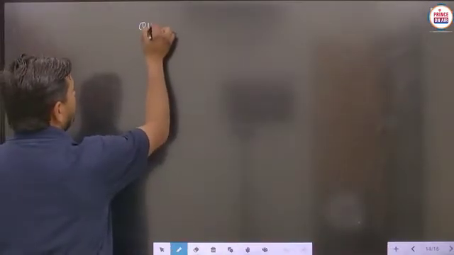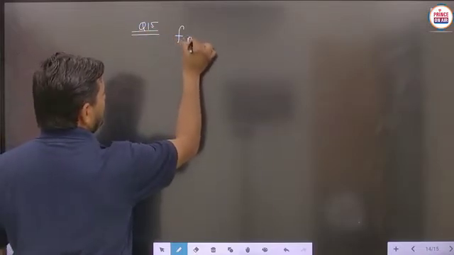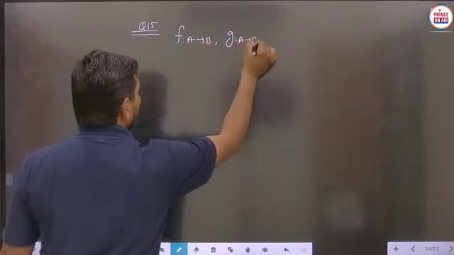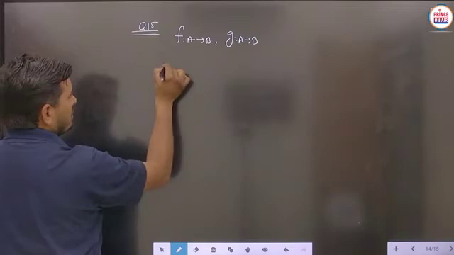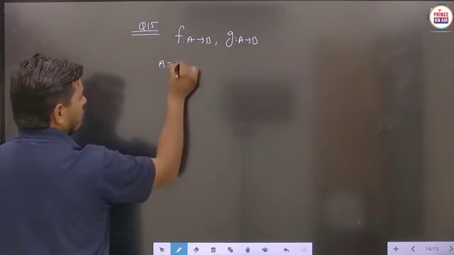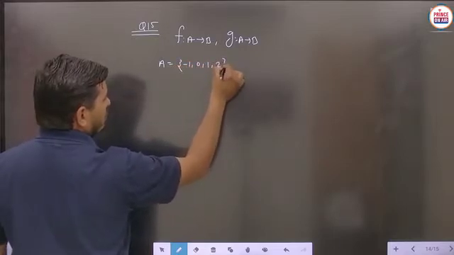So in this question number 15, f and g both are the functions defined from A to B. Set A is given as minus 1, 0, 1, 2.